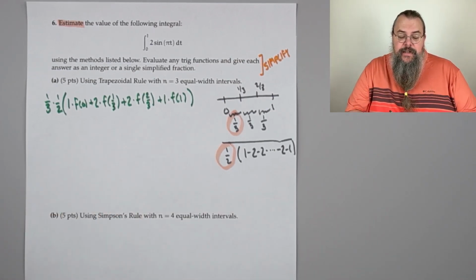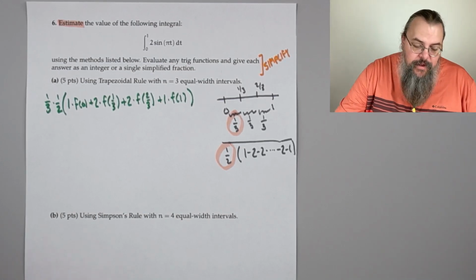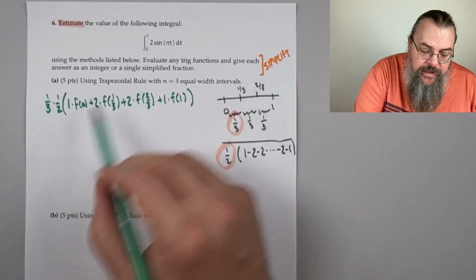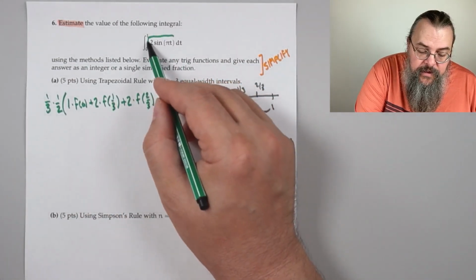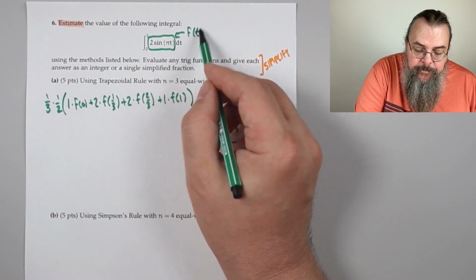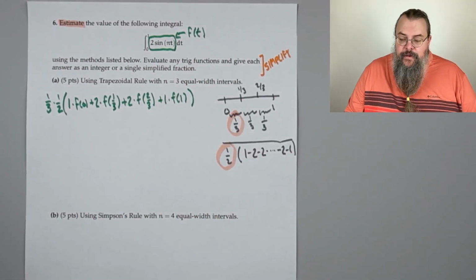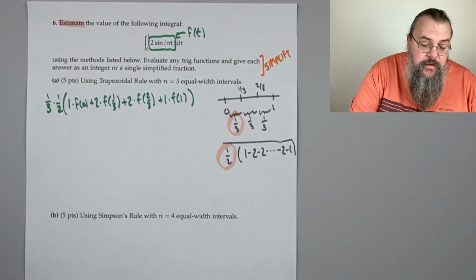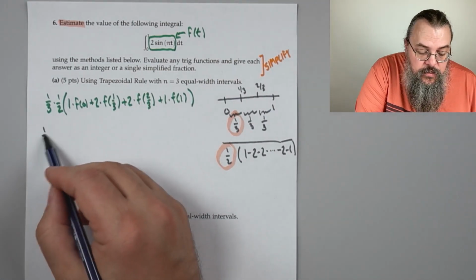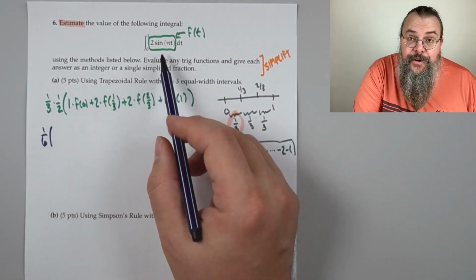All right, now what do we need to do? Well, we plug these in. Now, when we say f, this is our f. All right, so what do we have? Well, we have 1/6, and we say, okay, plug in f of 0.